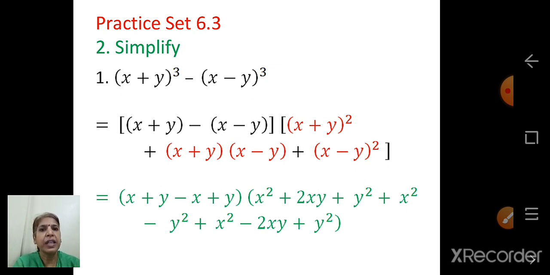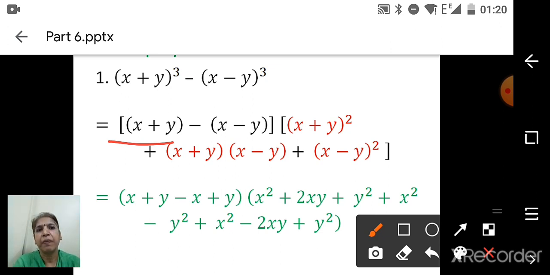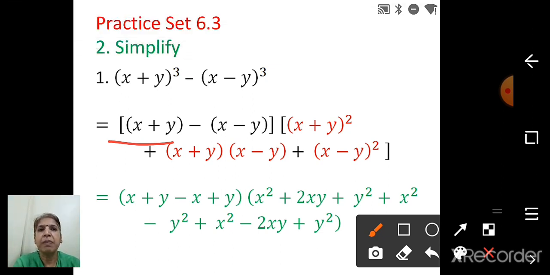So first factor is a minus b. So children, brackets you know now which brackets we are using and all. Our first term a is x plus y, so we will be writing it in bracket x plus y minus then b, so again in bracket x minus y. Close the brackets. Then second factor, that is second bracket, that is a square.